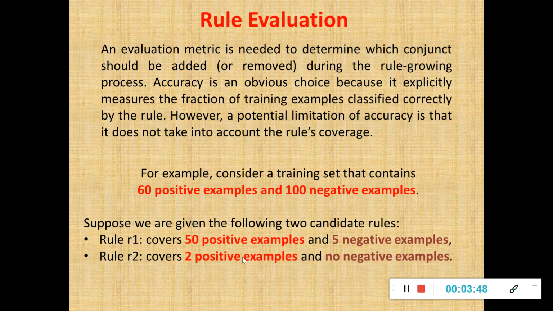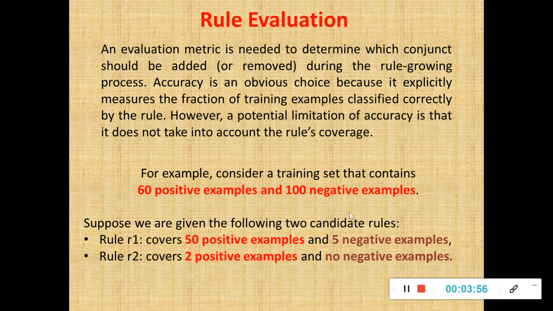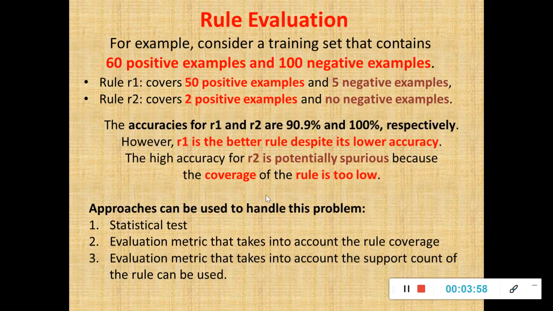Please remember this. All the evaluation methods such as accuracy, R-square statistic, FOIL's, M-estimate and Laplace will be solved for the same example. We have discussed these rules and rule set, and we will try to calculate accuracy. What is accuracy? In the case of a classification model, we discussed in the very beginning, from the confusion matrix, the total number of correct predictions divided by the total number of predictions.